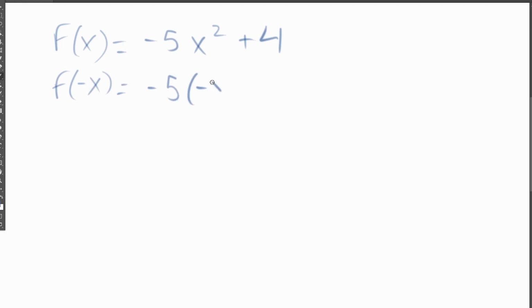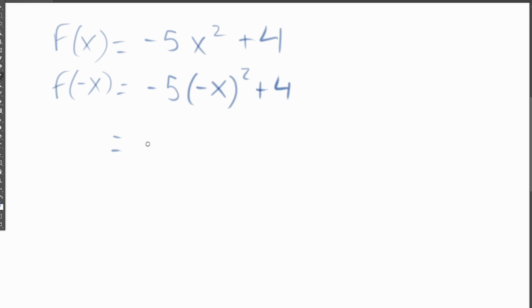So here I'm going to do one that's a little tougher. We have f of x equals negative 5x squared plus 4. So first let's replace the variable with a negative and see what we get. So we have f of negative x equals negative 5 times a negative x squared plus 4.